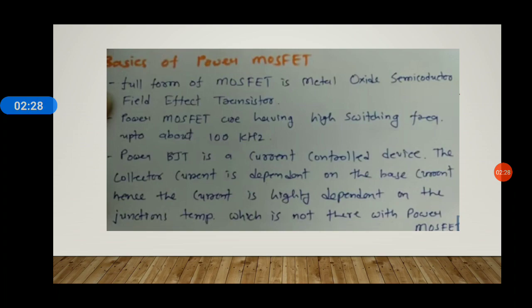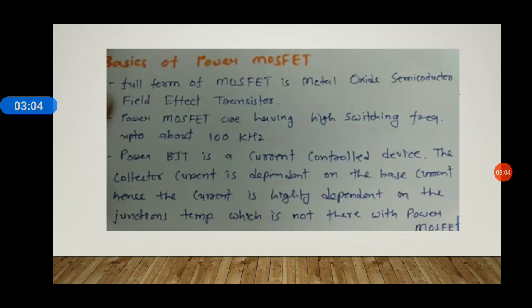Now, we will see as we go on with the videos that the turn on and turn off characteristics, or turn on time and turn off time, is very small in case of power MOSFETs, due to the absence of minority carriers.